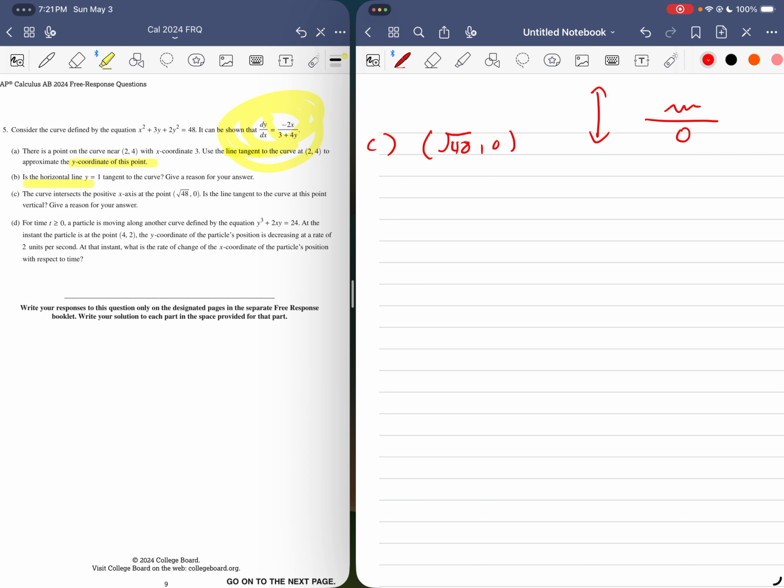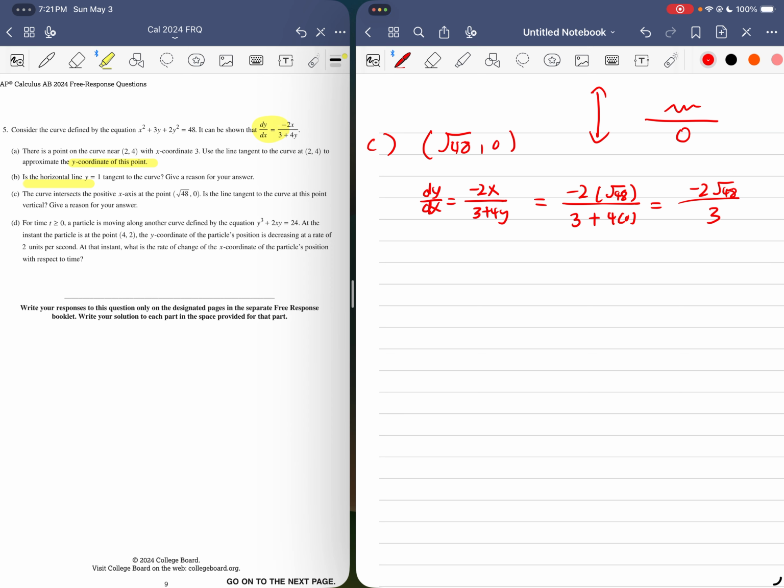We already know our slope is right here: dy/dx equals negative 2x over 3 plus 4y. I don't really care about the top. You can just plug in square root of 48, but let's see if the denominator becomes 0. So I'm going to plug in 0. On the top, negative 2 square root of 48. But in the bottom, 4 times 0 is 0, but I still have a 3.